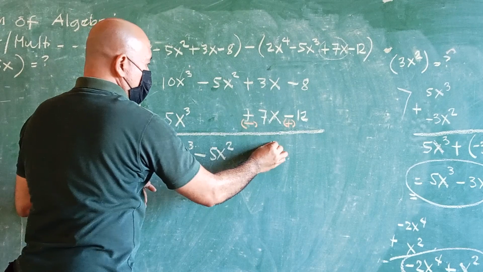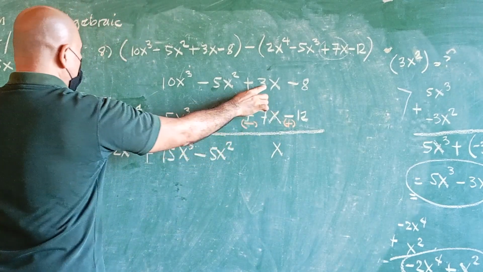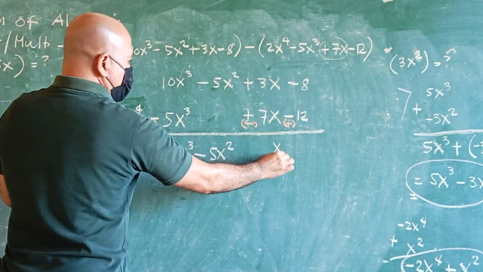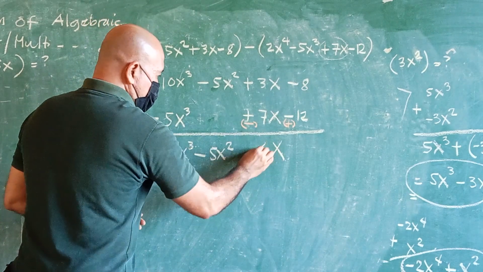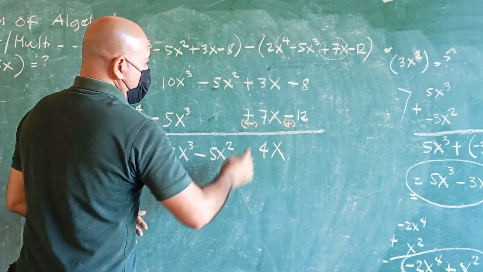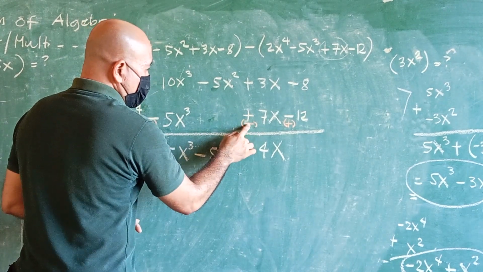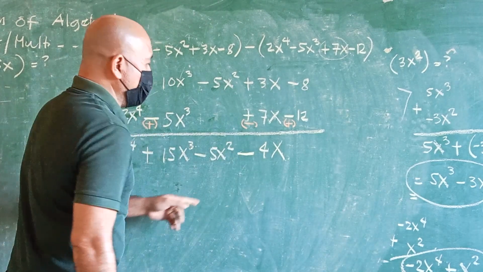So bring down the common variable x, and it is now positive 3 plus negative 7. So unlike sign. So their difference, because you need to get their difference if their signs are not the same, that is 4. And then 7 has bigger absolute value. So since the sign is now negative, copy the negative and use that one as minus.